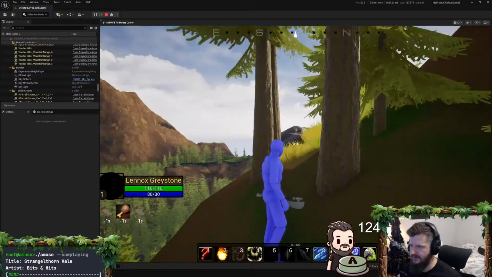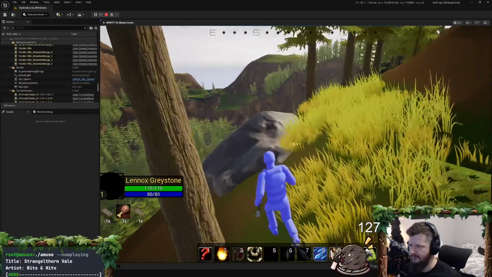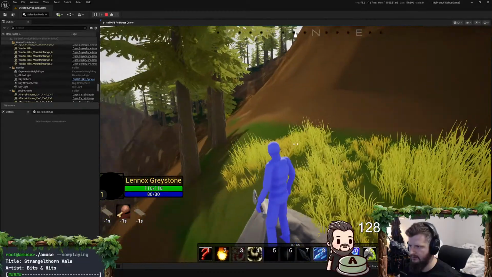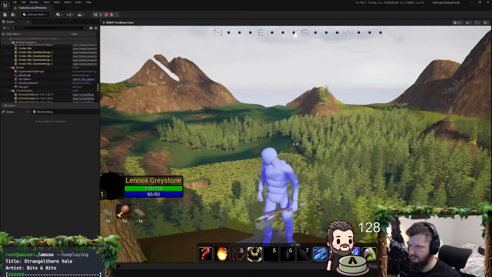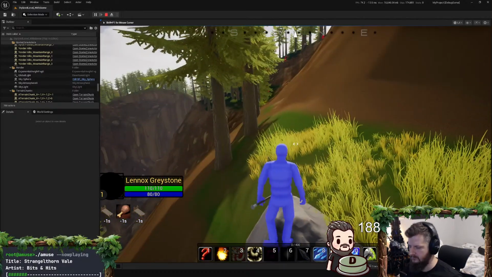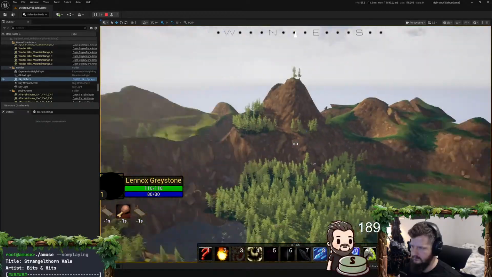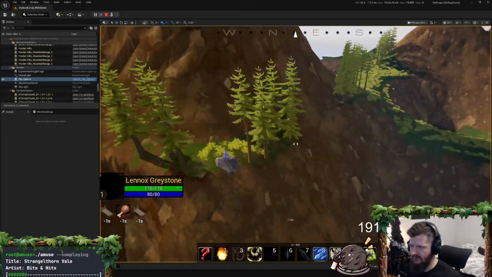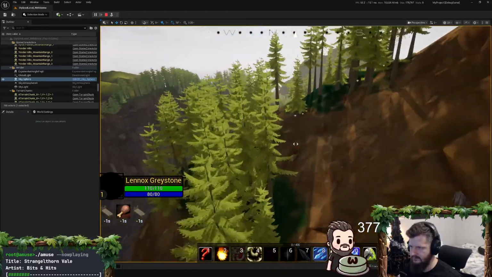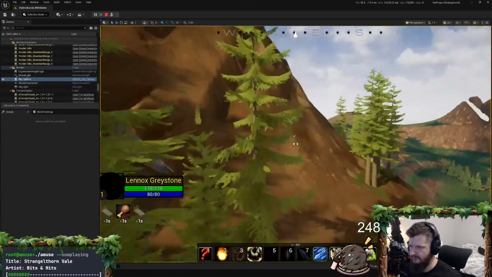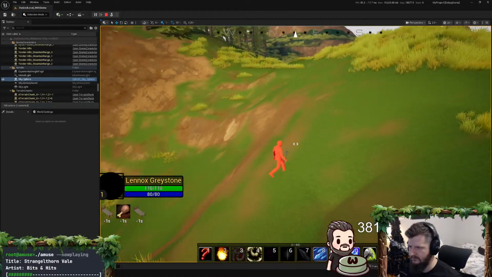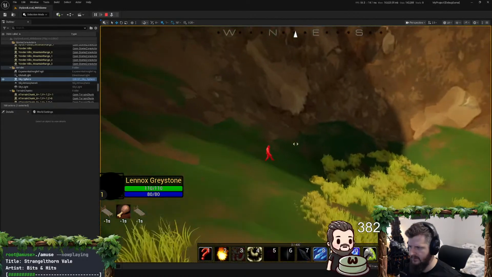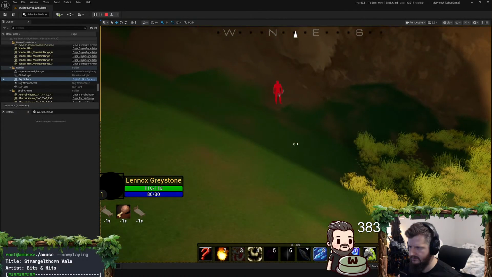Okay, we should be spawning stuff any moment now. What? Why is the spawning non-deterministic? Weird. They seem to be moving around better.